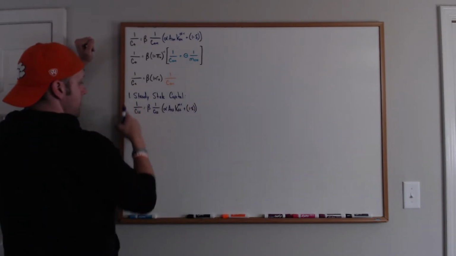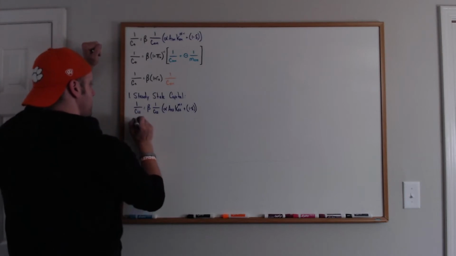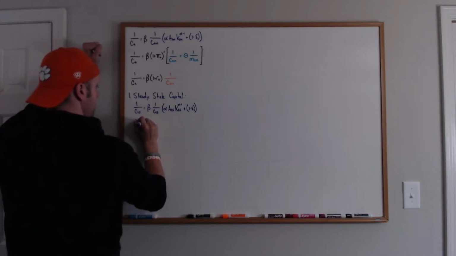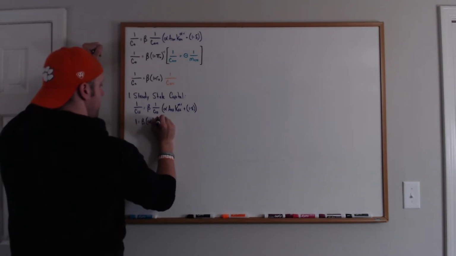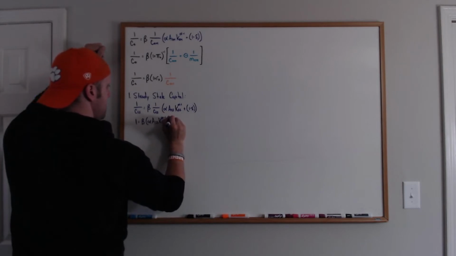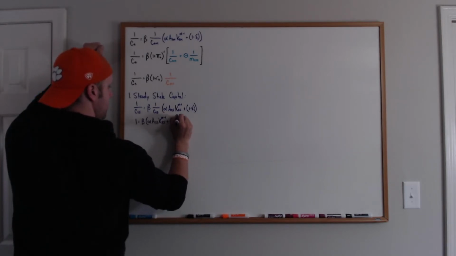Multiply CSS on both sides: 1 equals beta times alpha times my wordy dird times KSS to the alpha minus 1 plus 1 minus delta.